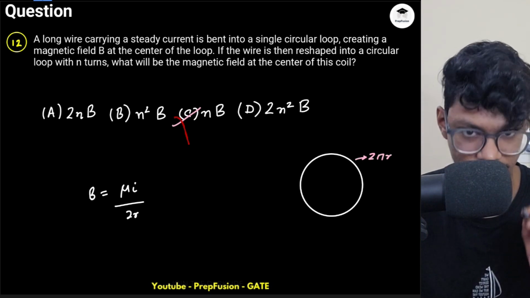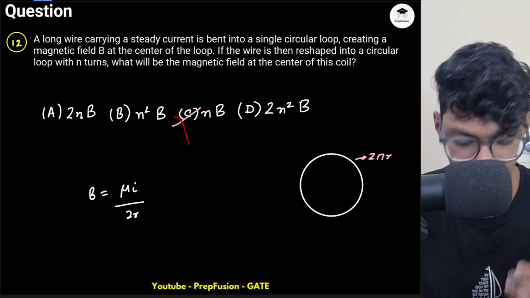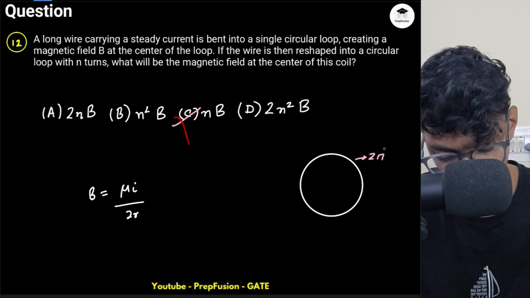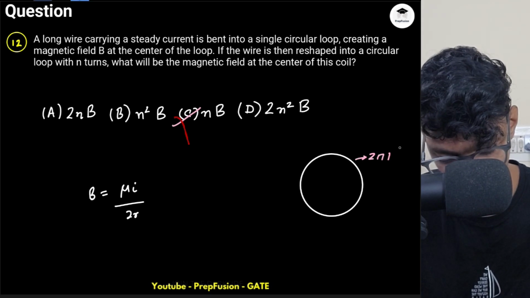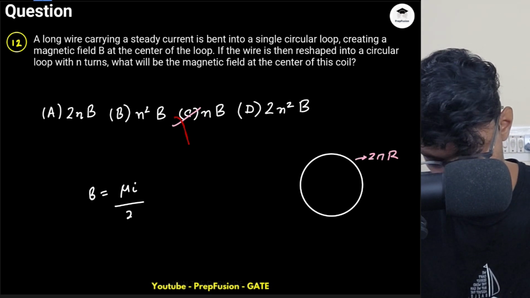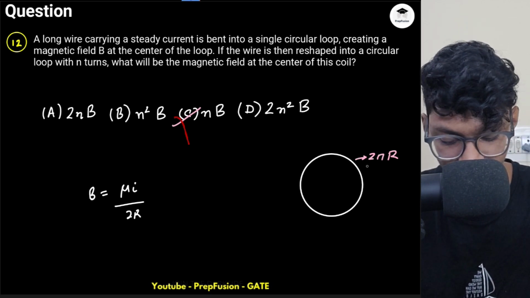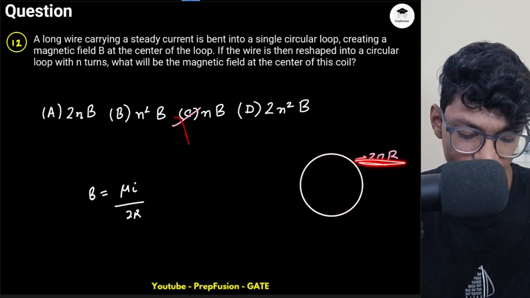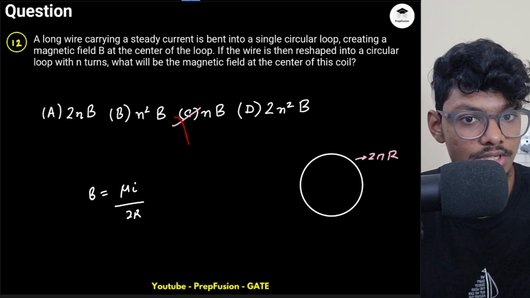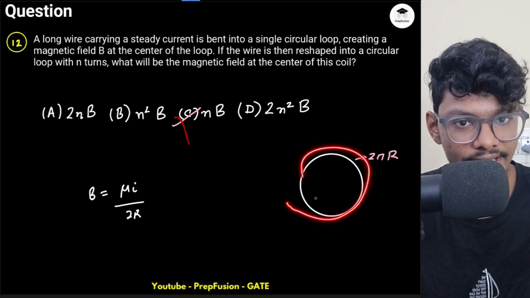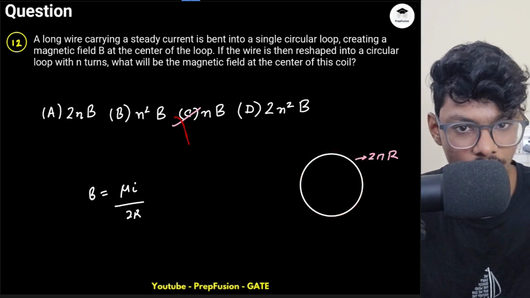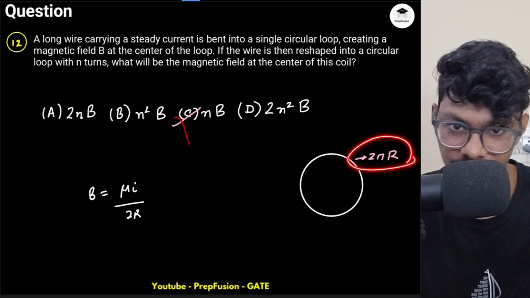Let's assume the initial radius, of the single turn I made, was capital R, the bigger radius, so the length is 2 pi R. So now if I bend it again with n turns, what will happen? That radius will not remain the same, right?